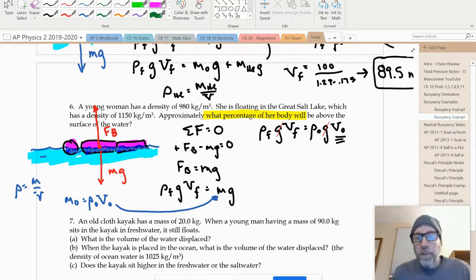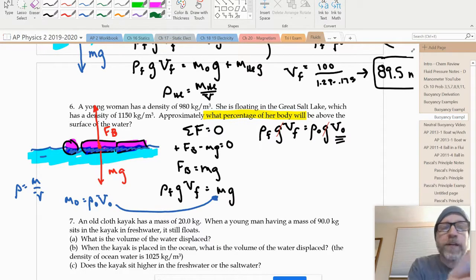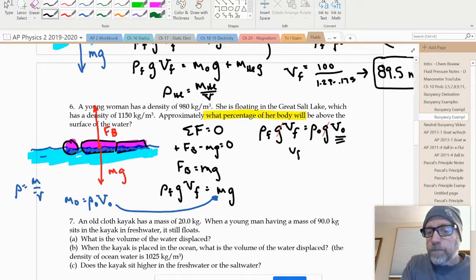All right, so let's get that in terms of VF over V naught. And I think it's going to be as simple as the densities.